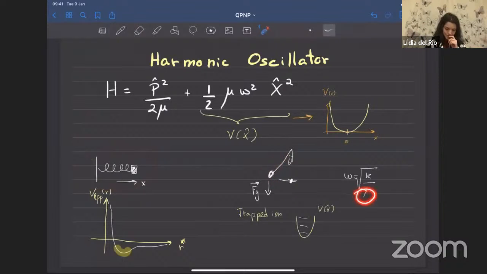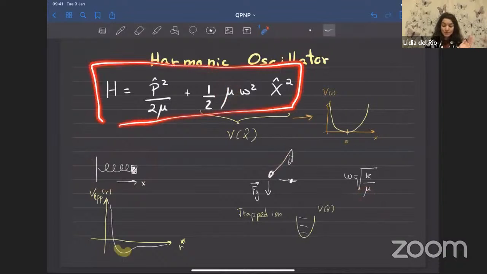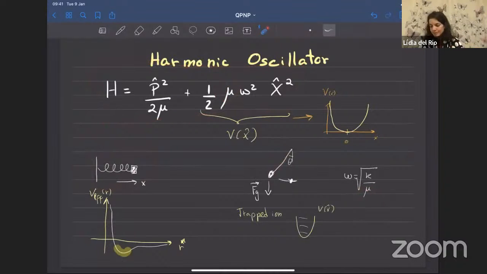Mu is the mass, so that it cancels out with this. It's just more convenient in the quantum case to express it like so. Okay, good. So these are reasons why we care about it, but the main reason why I teach you now is because we know how to solve it. There are not so many physical situations that we know how to solve analytically in quantum mechanics, and this is one of them.